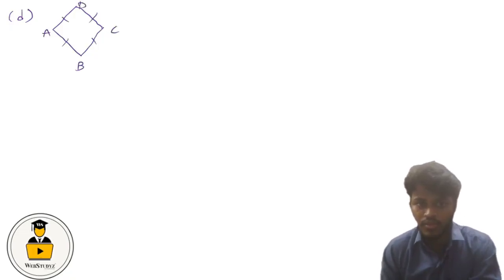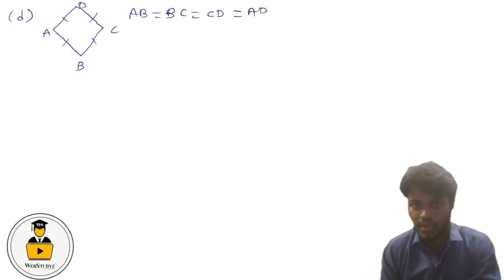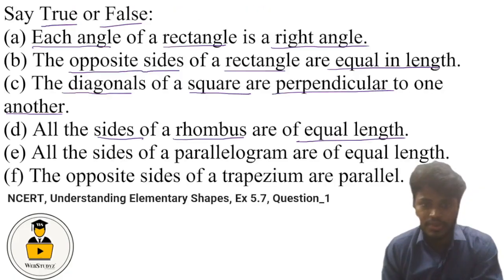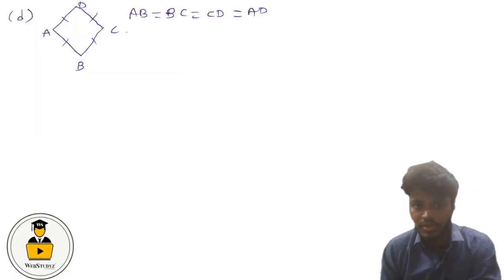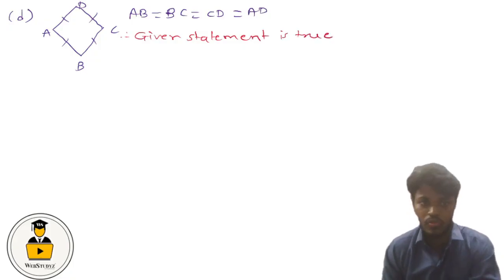Using the properties of rhombus, we can say that all the sides of a rhombus are equal in length. So AB equals BC equals CD equals AD. And our statement says that all the sides are equal in length. So therefore, we can say that the given statement is true.